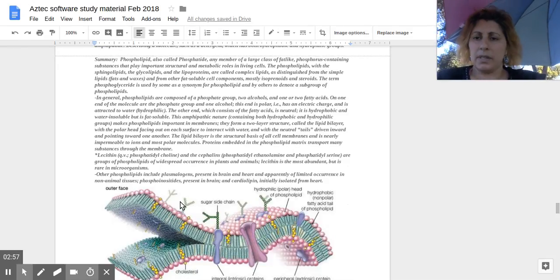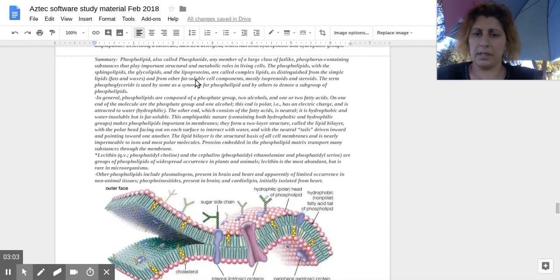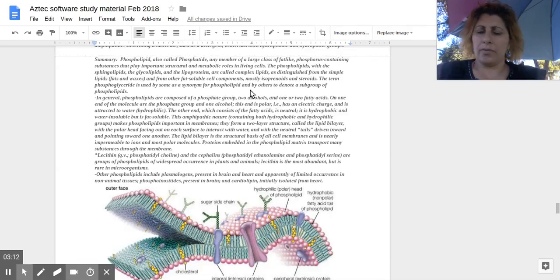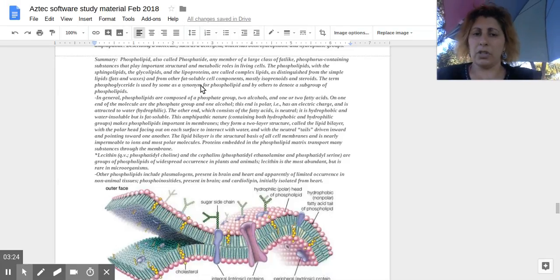The phospholipids with sphingolipids, glycolipids, and lipoproteins are called complex lipids, distinguished from simple fats, which are fats and waxes, and other fat-soluble cellular components such as isoprenoids and steroids. The term phosphoglyceride is used by some as a synonym for phospholipid and by others to denote a subgroup of phospholipids.